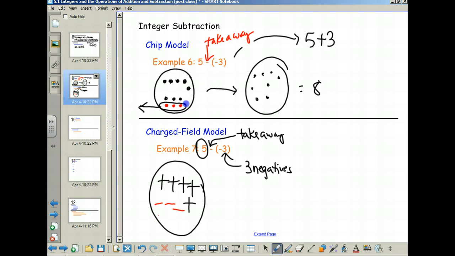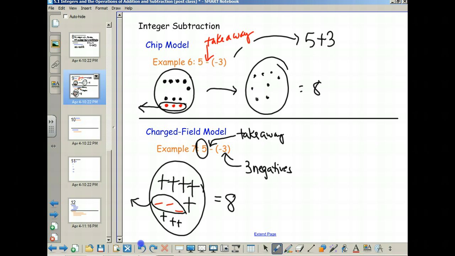But if I put 3 negatives in, well, that didn't work. I have to compensate by putting 3 positives in so that the whole expression is still 5. Now I can remove the 3 negatives. I'm left with 8 positives, and my number is 8.